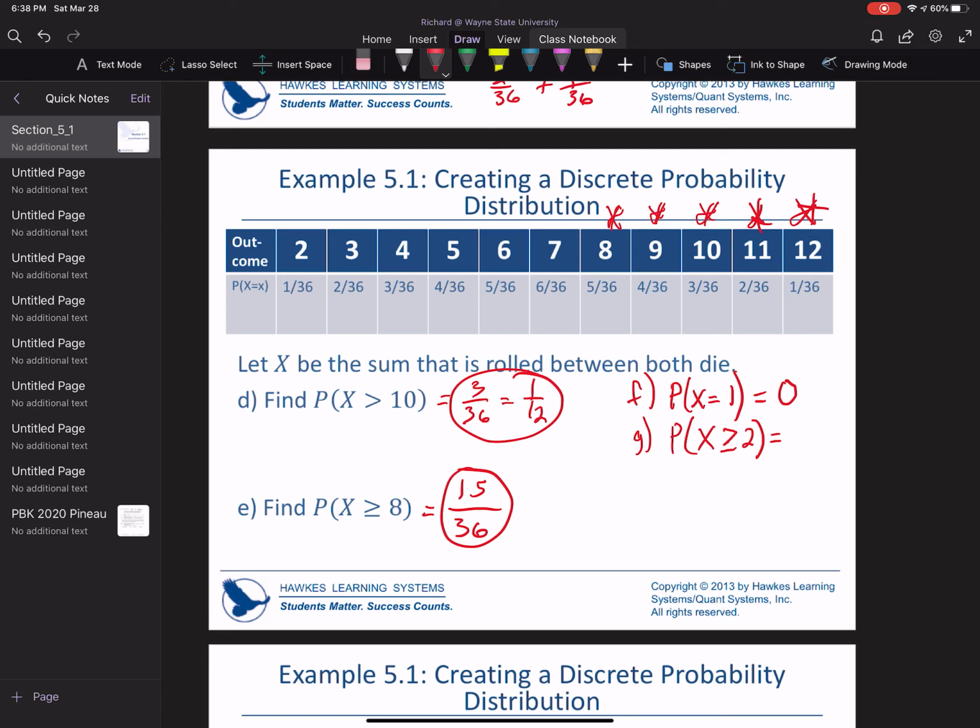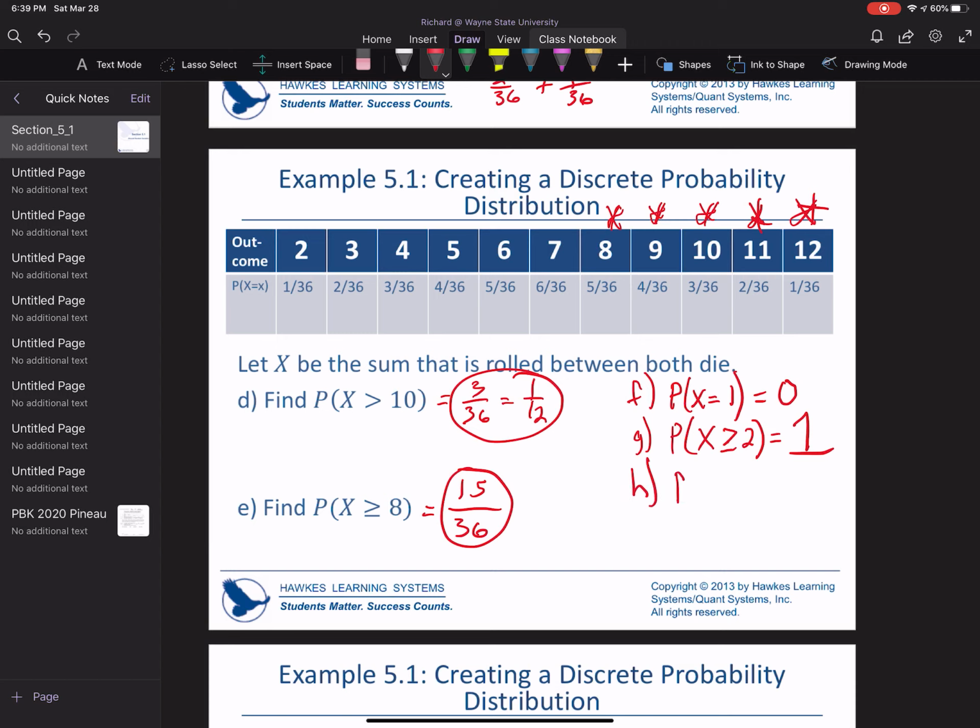Okay, so that means a sum of what? 2, 3, 4, 5, 6, 7, 8, 9, 10, 11, 12. That means the whole distribution, 36 over 36, or 1, right? So what's the probability we get a sum of 2 or more? Well, that's easy, it's 1, okay?